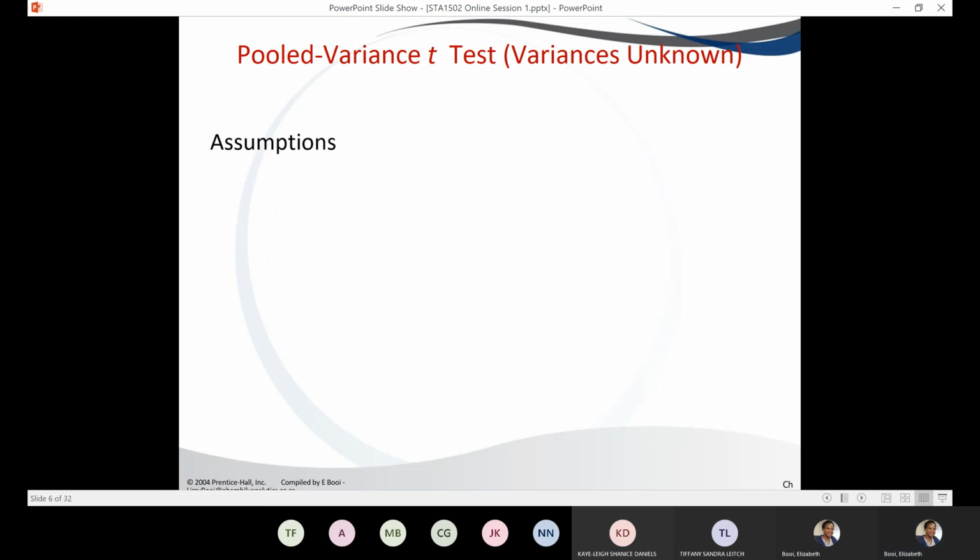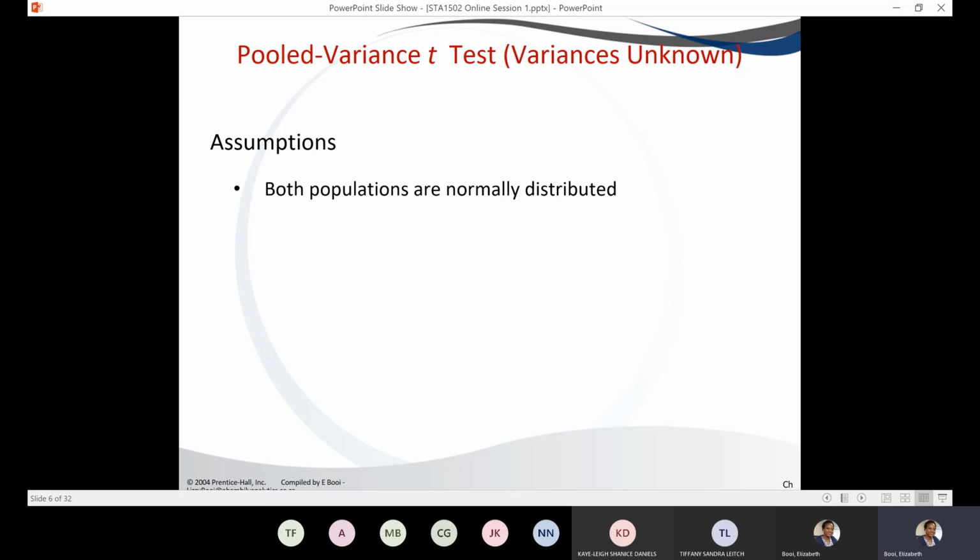Because the variances are unknown, there are some assumptions that need to be made. Those are the things that you need to pick up to see whether the population variances are unknown, and whether all these other assumptions are met based on the question that they have given you.